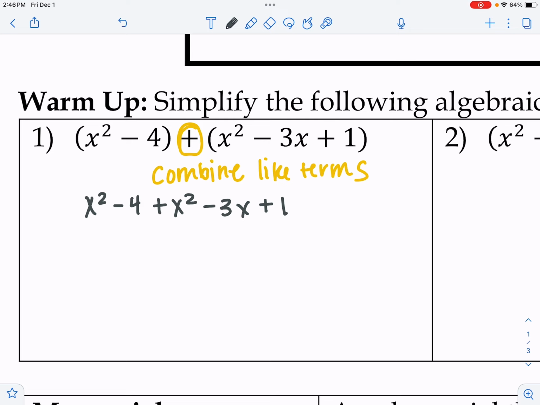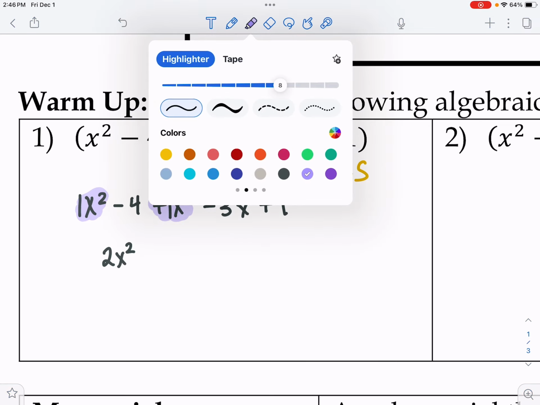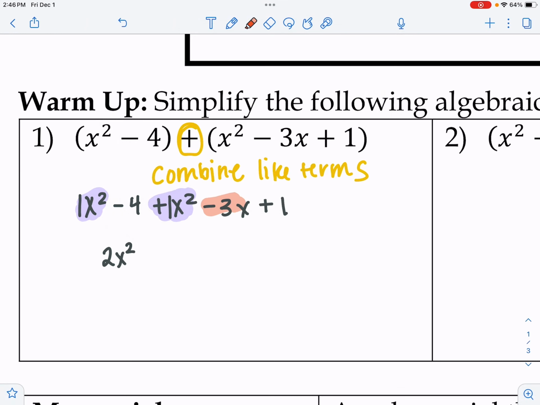And so now we just collect our like terms. And so like terms have to have the same letter and same exponent. So x squared and x squared would be like terms. And so this is 1x squared and 1x squared, which would create 2x squareds. Okay, and then our x terms, there's only one of them.